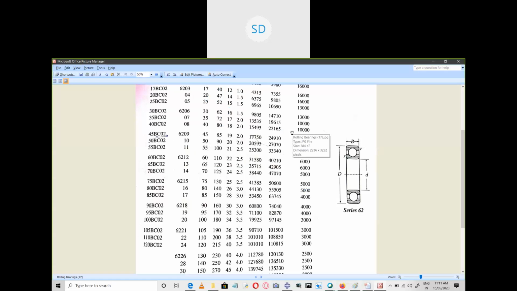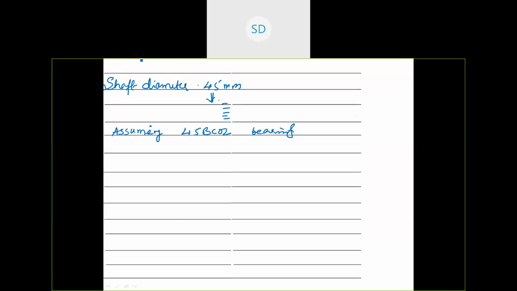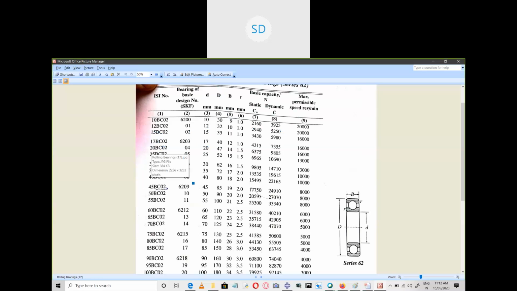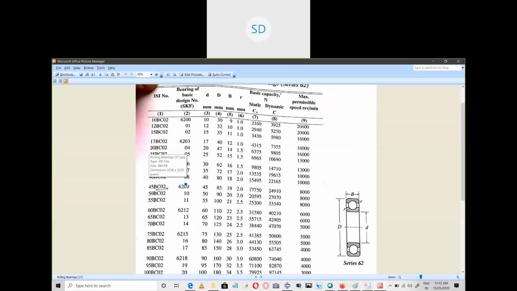Now what is the data? Basic static load C naught is 17750 Newton. You write down the table number. C naught is the static load, C is the dynamic load. Dynamic load is 24910.